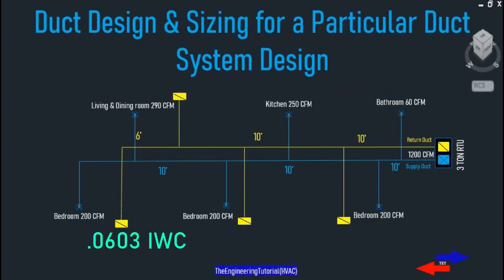Our design airflow is 1200 CFM coming through our supply duct, minus 60 CFM for a bathroom, minus 200 CFM for bedroom 1, minus 250 CFM for the kitchen, minus 200 CFM for bedroom 2, minus 290 CFM for the dining room, and lastly 200 CFM for bedroom number 3.